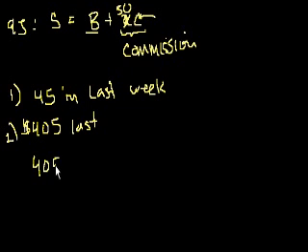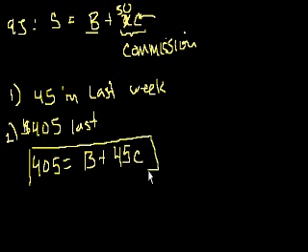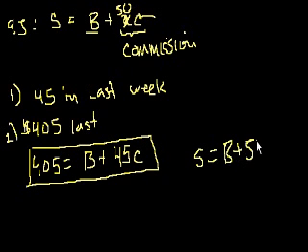If I use both statements, let me see if I can get anywhere. He made $405 last week, which is equal to his base plus 45 units sold times his commission per unit. So that's all this information gives me. That 405 is equal to B plus 45 times C. And we need to figure out S is equal to B plus 50C.